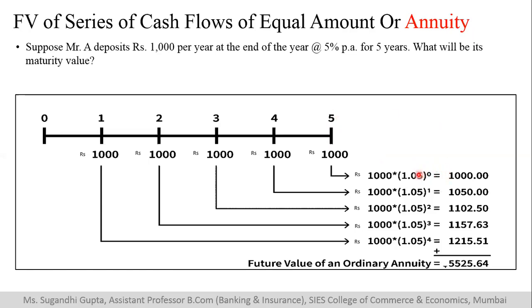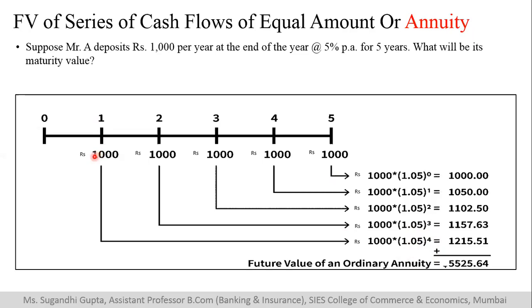Now, if you carefully look at all these cash flows, you will understand that it's a little tedious process to sit and calculate one by one for each year. The main thing to be noted here is, since the deposits have been done at the end of the year, the compounding is not taking place for 5 years, even if the person has paid for 5 years, but he has kept money only for a period of 4 years with the bank, and hence only 4 times compounding has been done.